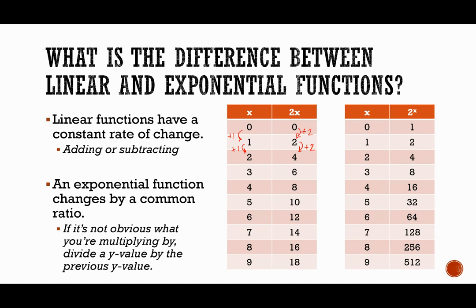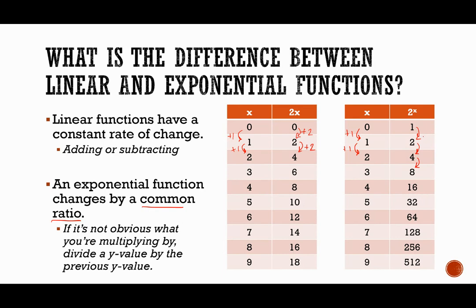And how do you find the common ratio? How can you tell the difference? Okay, so for an exponential function, I still want to know what is my pattern, one y value to the next as x is increasing by 1. My x's are increasing by 1 every time.